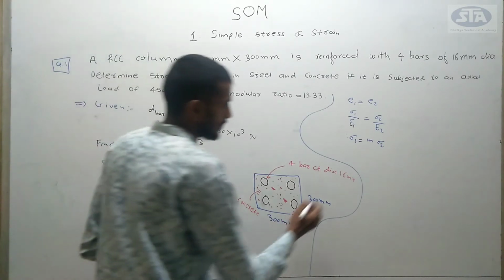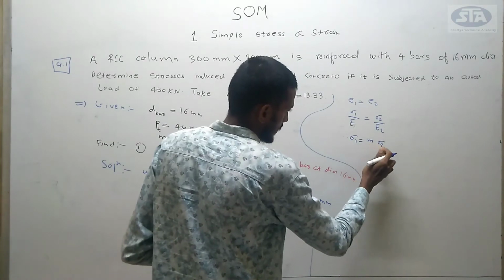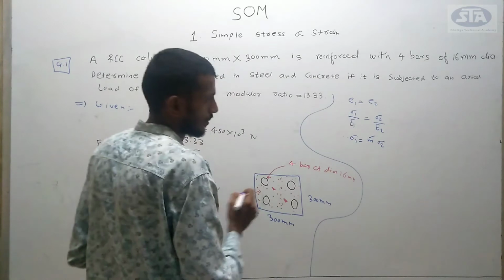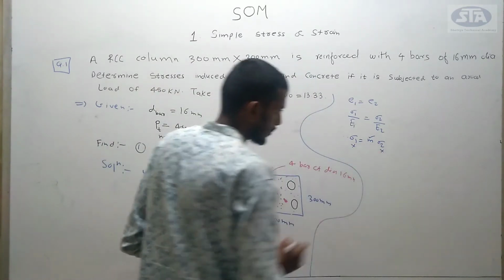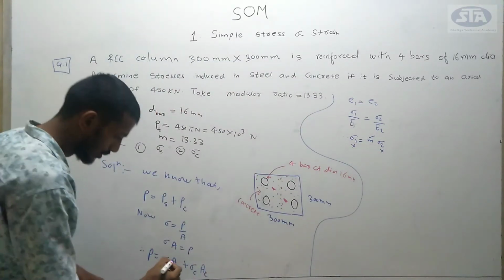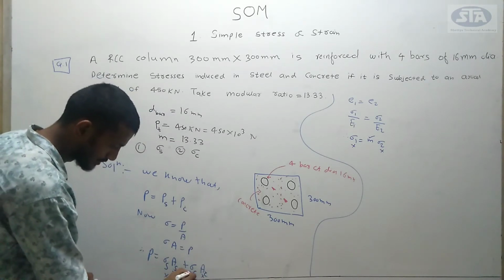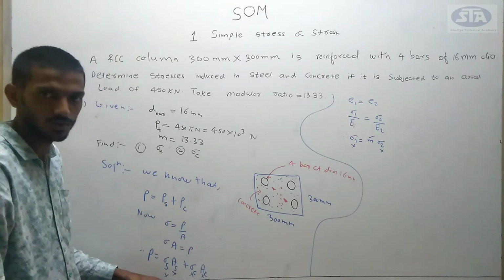We already know the value of m, but we don't know sigma 1 and sigma 2, nor the areas of steel and concrete.